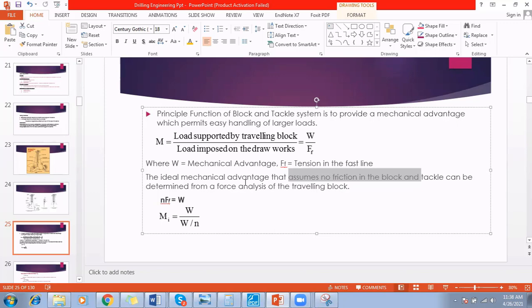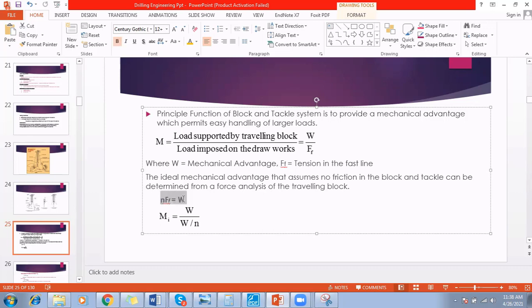But this is not a realistic case because you know that we have no perfect example in which there can be no friction. Whenever there is the operation of any mechanism, there will always be some friction.